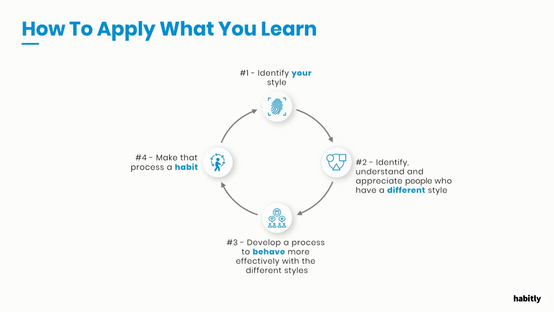But then we're going to develop some processes to behave more effectively with different styles than our own. It's natural for us to get along with people with our own style, although in some behavioral styles, it can be irritating because you're somewhat competing and that may be uncomfortable for you. But then we want to make these processes of playing to our strengths and getting along better with others a habit.